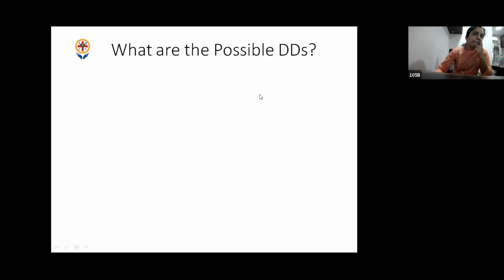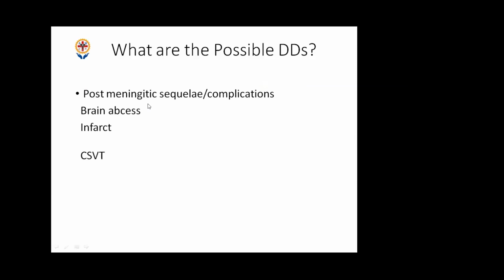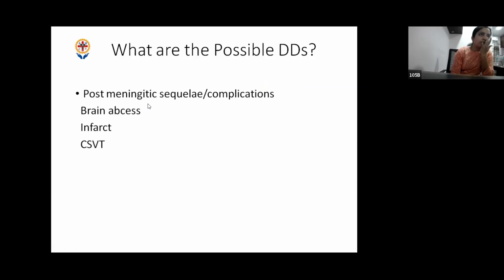Pyogenic. Hydrocephalus. Okay. Any other? Okay. So it could be post-meningitis sequelae like brain abscess or infarct or hydrocephalus or CSVT, or it could be an acute demyelinating cause. So what workup do you want to do?